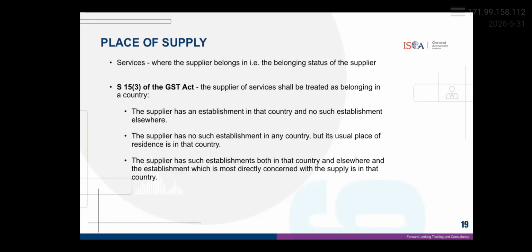Or the supplier has such establishment both in that country and elsewhere, and the establishment most directly concerned with the supply is in that country. So these three scenarios, which Section 15 of the GST Act explains, allow us to determine where the supplier belongs and therefore the place of supply.